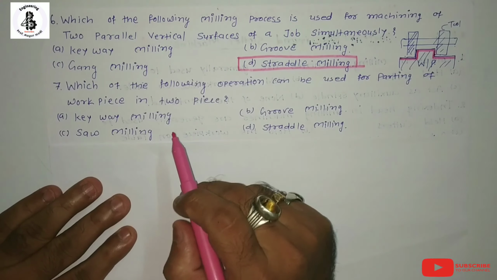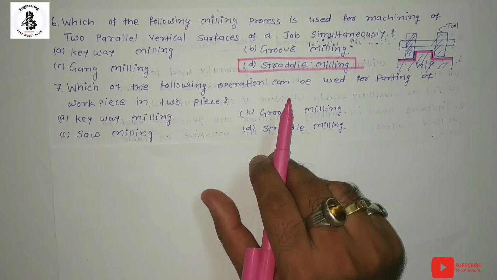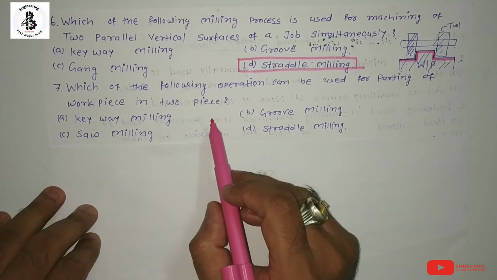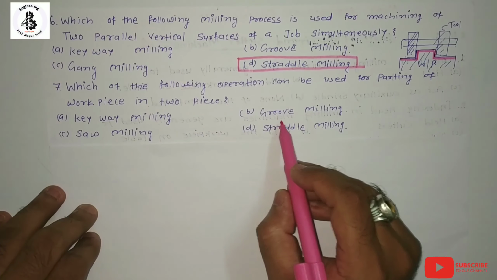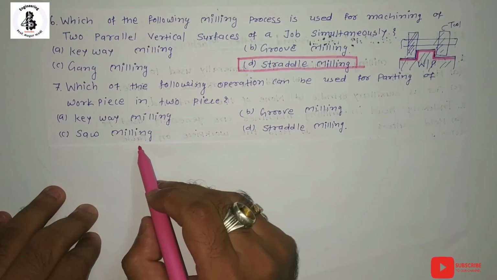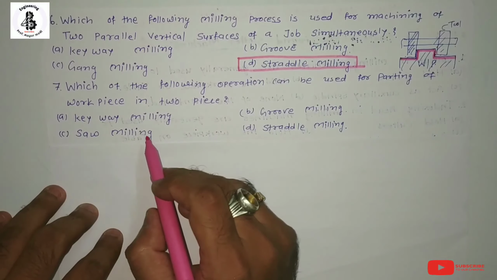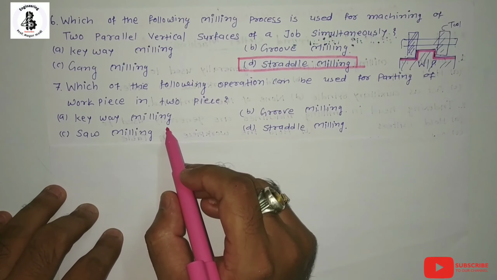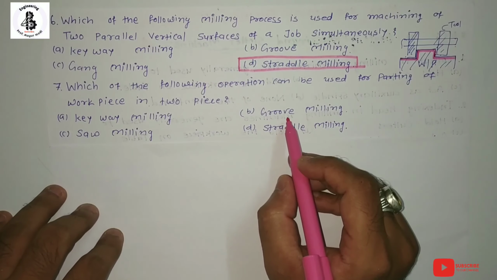The next question. Which of the following operations can be used for parting of workpiece in two pieces? Option A, keyway milling. Option B, groove milling. Option C, saw milling. And option D, straddle milling. So basically option A, keyway milling, that will be used to make keyways. Groove milling, that will be used to make grooves onto the workpiece.